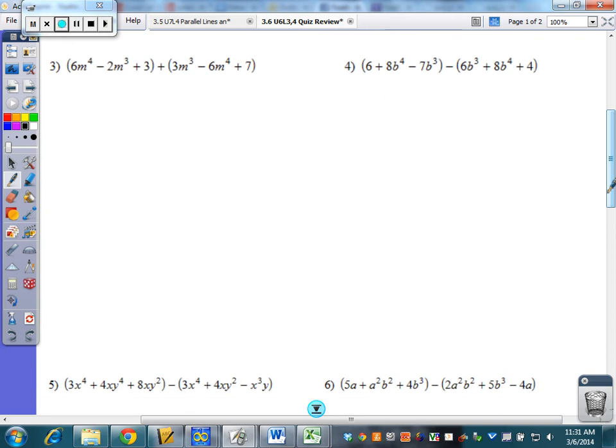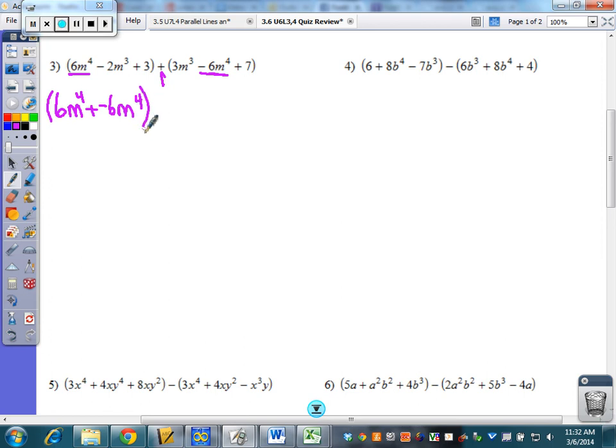Now another way we could do this, we can go ahead and group our terms. Since we're taking this m to the fourth and adding it to a negative 6m to the fourth, we can group those together: 6m to the fourth plus negative 6m to the fourth.